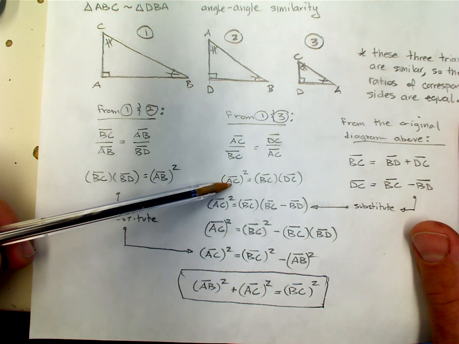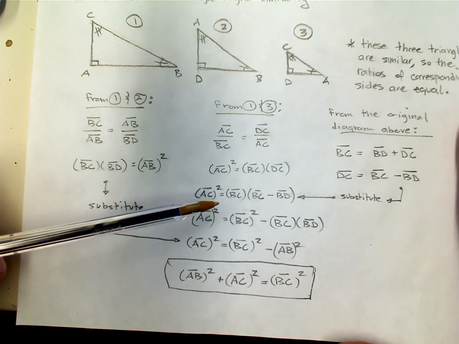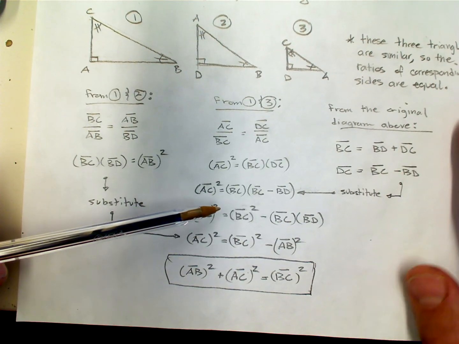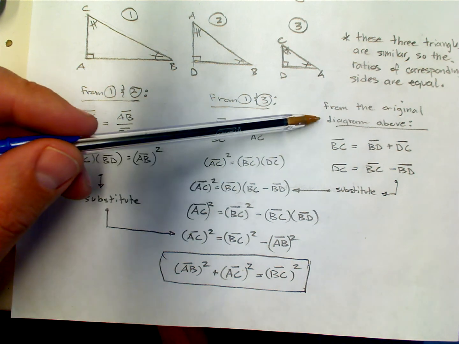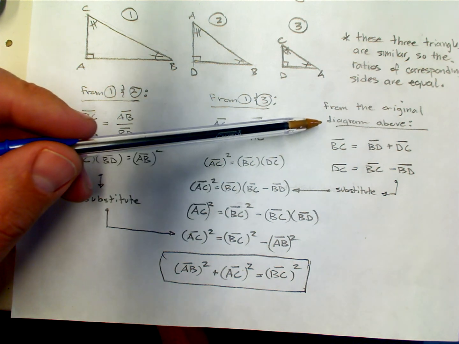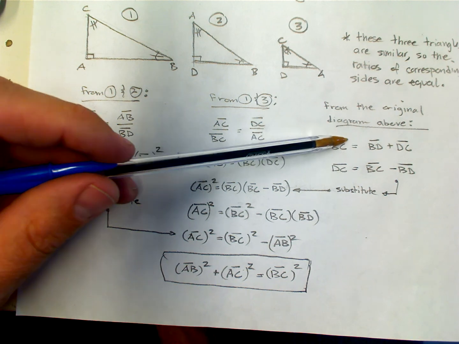And again, we like these squared terms because we know that our Pythagorean theorem involves the square of the side lengths. The last thing I need to pull is that if we go back to the original diagram, I get this relationship that BC is equal to BD plus DC. And here's what that really means.